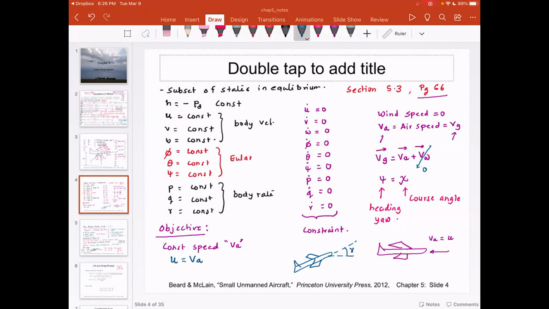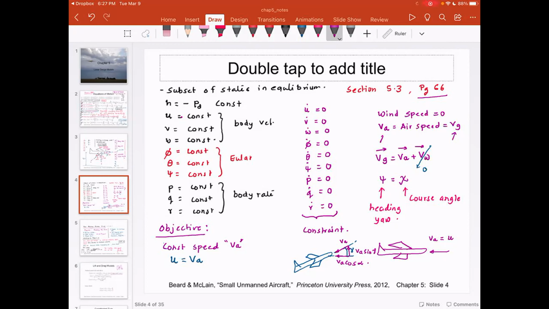Now consider this: if this is the flight path angle and this is VA, then you are going to have two components of VA. You will have VA sine gamma, and VA cosine of gamma. So if I want it to climb at a non-zero value of gamma, it's going up.